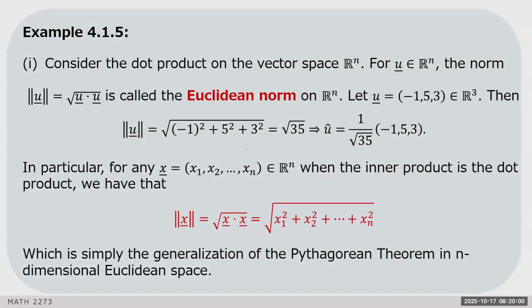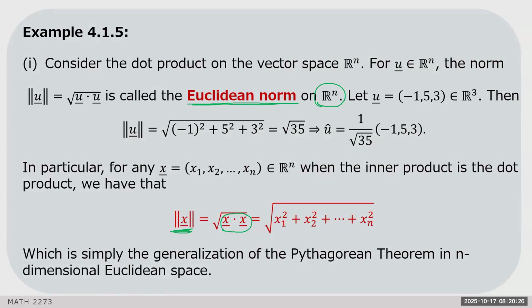We also looked at some special types of norm. One of them was called the Euclidean norm, which turns out to be the Pythagorean theorem in n dimensions. The Euclidean norm is for measuring vectors in Rn, where the inner product is the usual dot or scalar product.